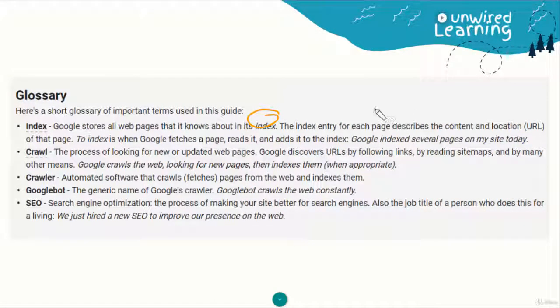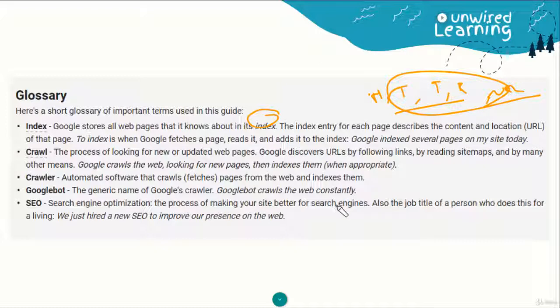So what Google actually stores is the header tags, the title and the keywords, also the URL. So when someone says Google indexed several pages of my site today, that means Google actually stored its pages in its database today, so now its pages will be coming into the search results.